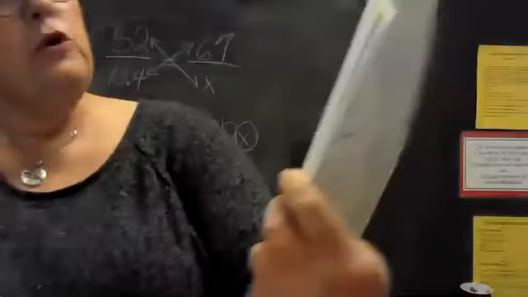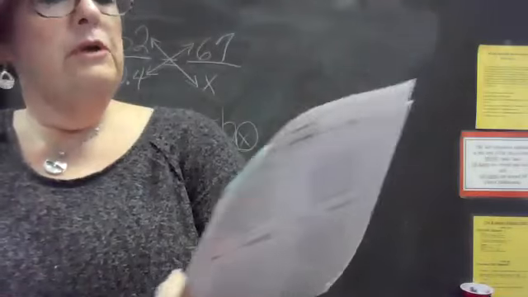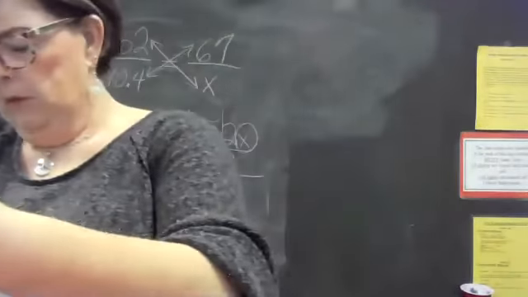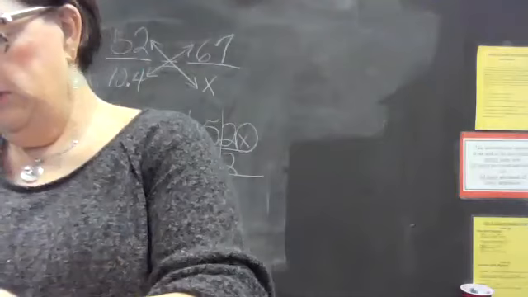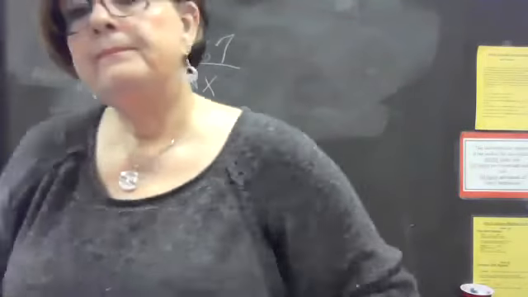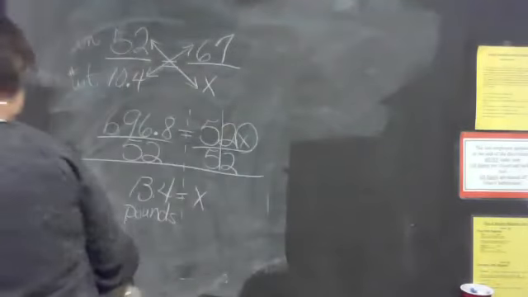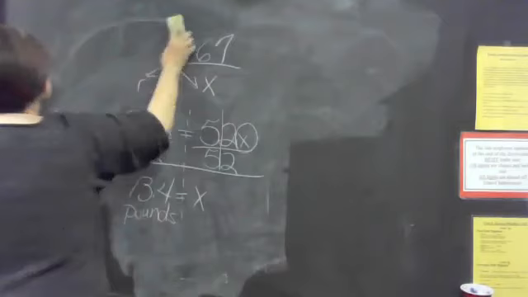We're going to do number 2? Or any of them. Do you want to look at a different one? Y'all look at it. We're on page 3 of packet 2. Let's do 5. Okay.